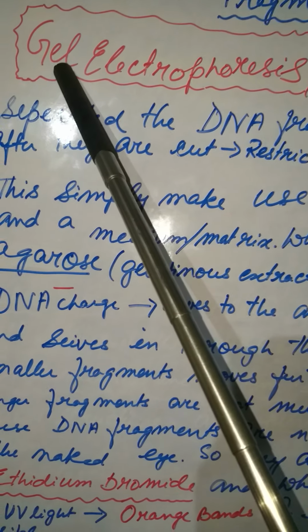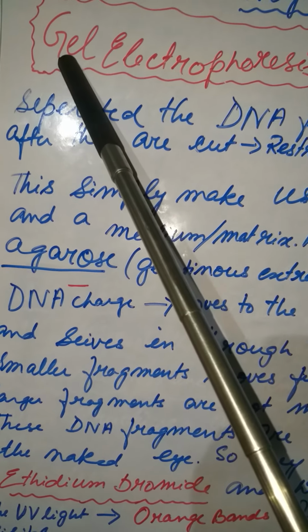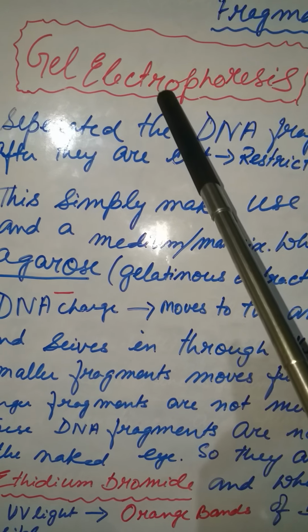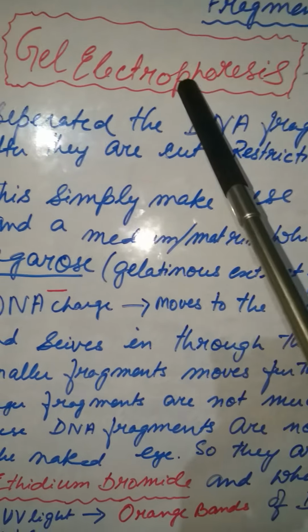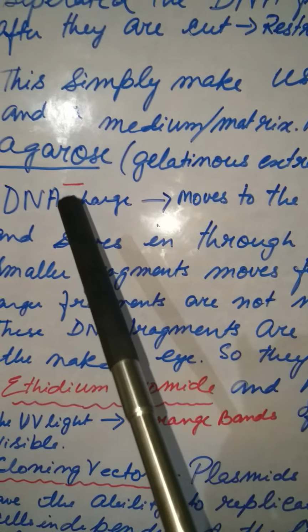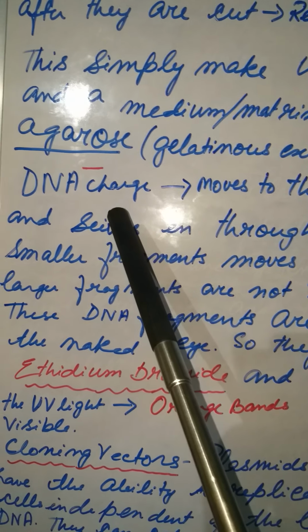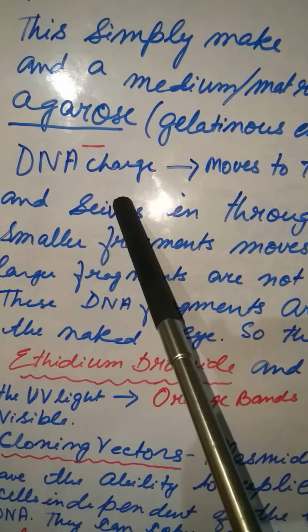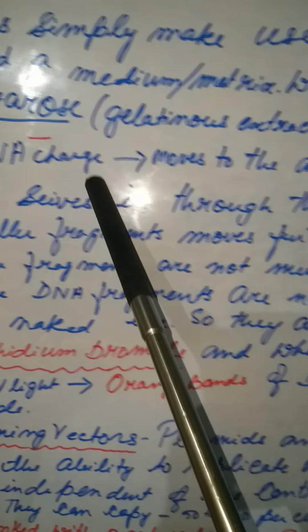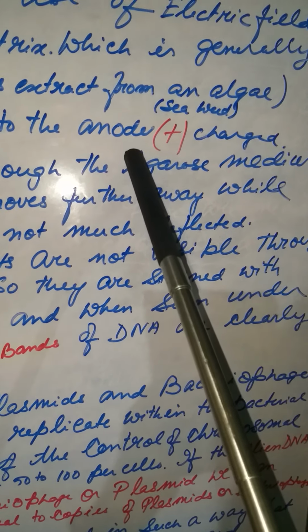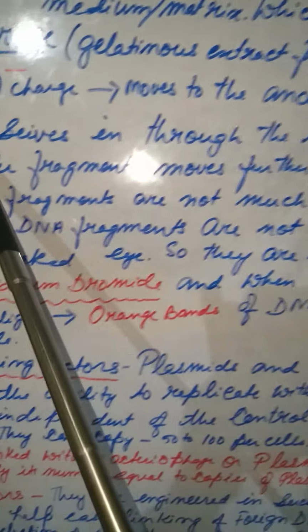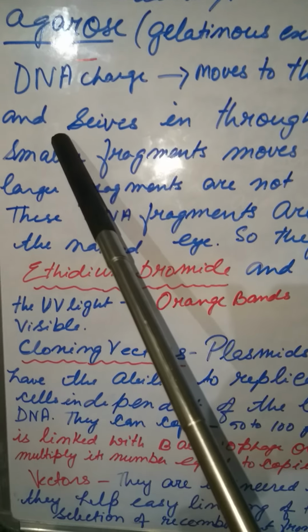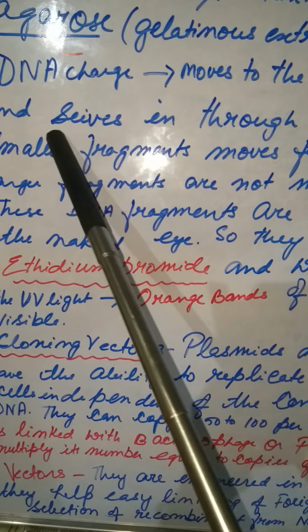Gel means a medium, agar medium or a gelatinous medium, and when electricity is passed through this gelatinous medium, the DNA fragments separate. Now DNA takes up a negative charge, so obviously it moves to the anode, which is positively charged, and the DNA fragments are sieved out.